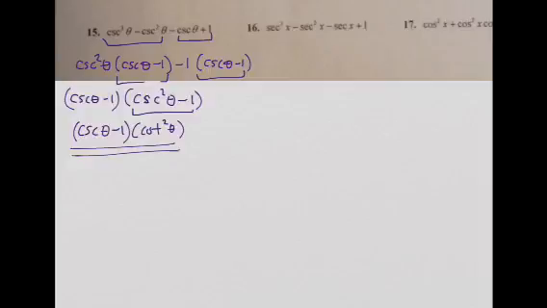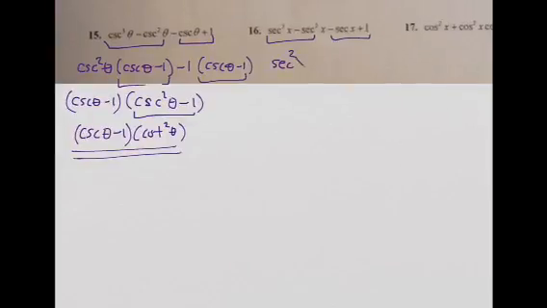16 is very similar to 15. I'm going to pair up. And so secant squared x is what I'm going to factor out of that one. So I'm left with secant x minus 1. Then minus 1 I can factor out, so that leaves me with secant x minus 1. Then they have this one in common, so I take that out.